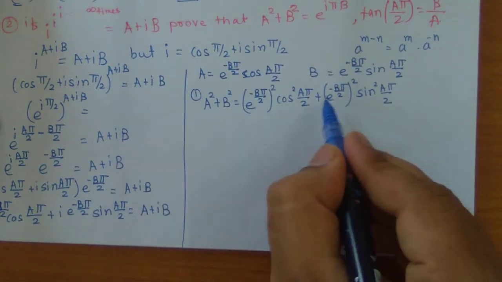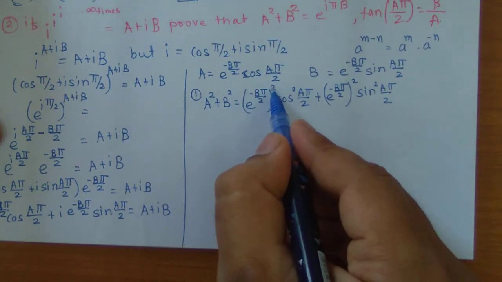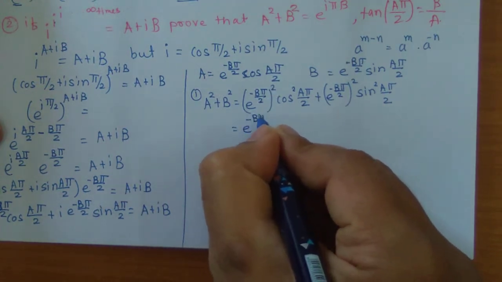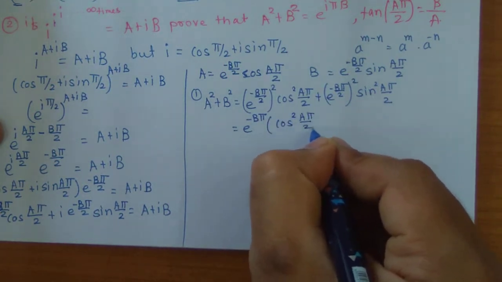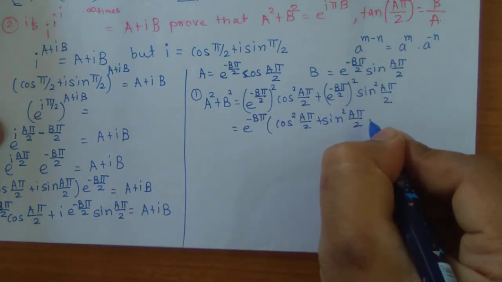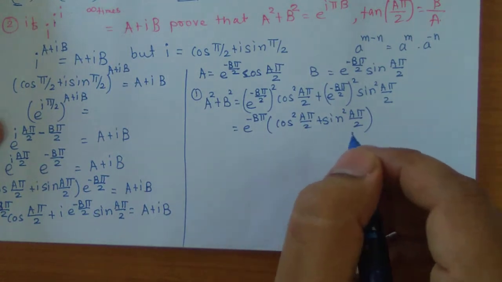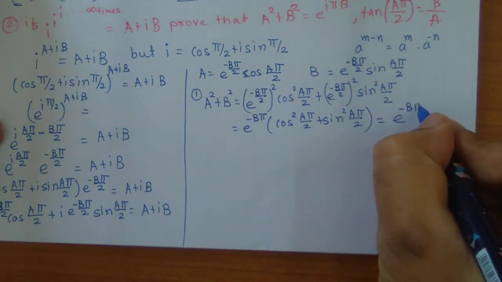Now we can take the common terms outside, but by the laws of indices, this 2 and 2 get cancelled. Hence we get e^(-bπ) outside. Inside the bracket, cos²(aπ/2) + sin²(aπ/2). As the angle is the same, this is nothing but cos²θ + sin²θ, which is nothing but 1. Hence my answer is e^(-bπ).